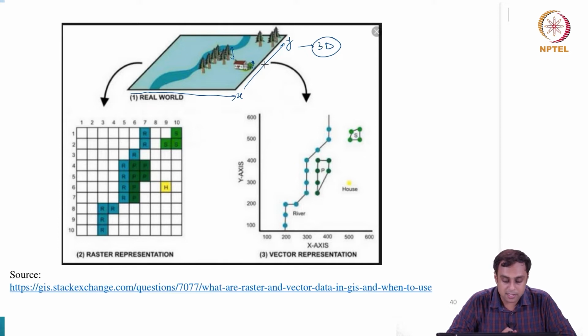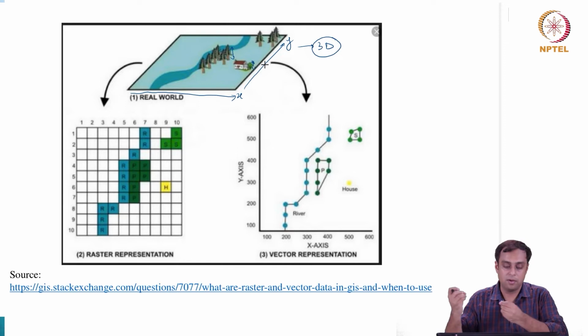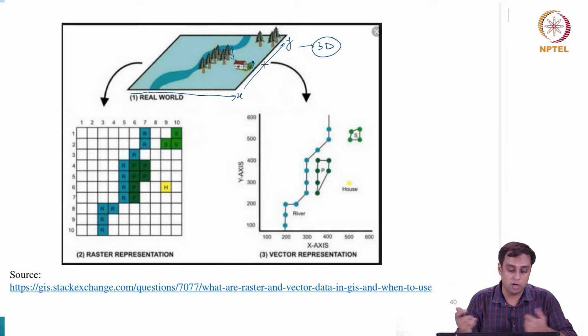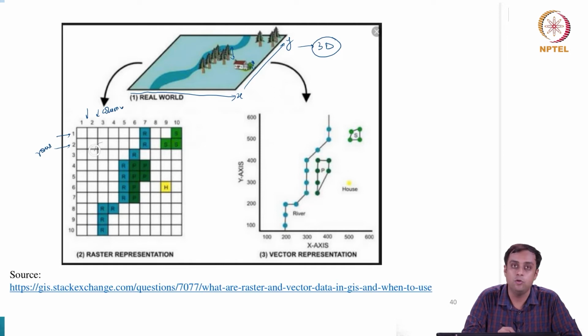So when you look at the raster format or the raster understanding of it, what you see is a pixelated or a cell like format created with rows and columns, right. So again, you have these rows, you have columns, and what you're doing is giving a value to each cell to represent what's happening in the real world. So wherever you have R, you're giving a value R, that's where you see a river. Okay?